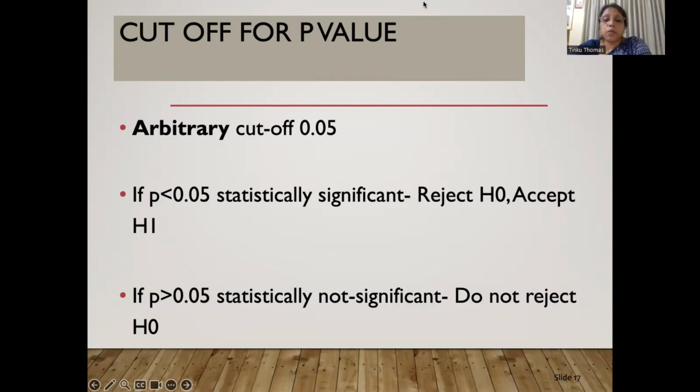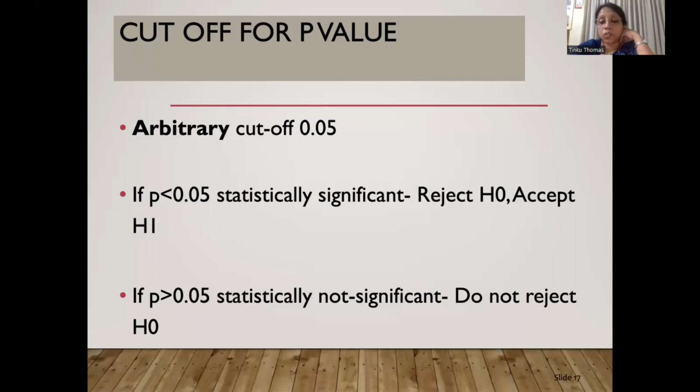So if the p-value is less than 0.05, we say that the difference is statistically significant and reject the null hypothesis. If the p is greater than 0.05, we say this is statistically not significant and we do not reject the null hypothesis. Now, p greater than 0.05 is not sufficient evidence for us to say that the two groups are the same.